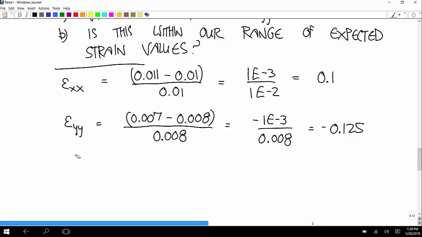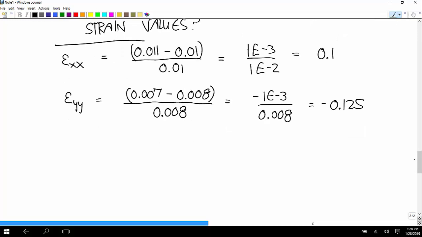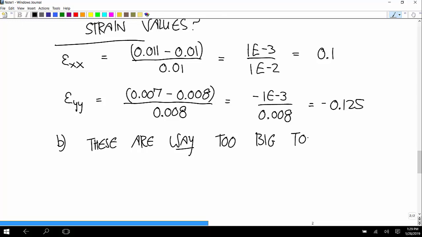So then for part B, these are way too big to expect the material to, first of all, be elastic at all.